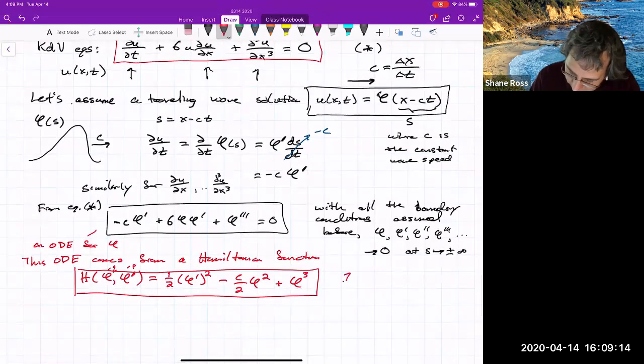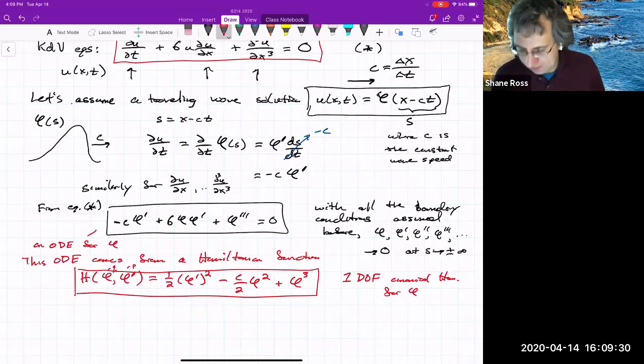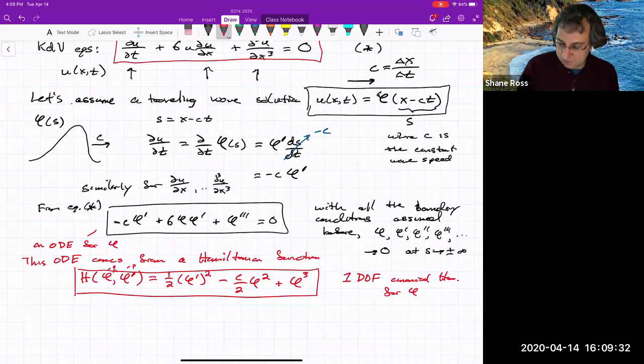So this is a 1 degree of freedom Hamiltonian, canonical, in fact, Hamiltonian for phi as our variable. Phi is the dependent variable. The independent variable in this case would be s, right? s plays the role of time.